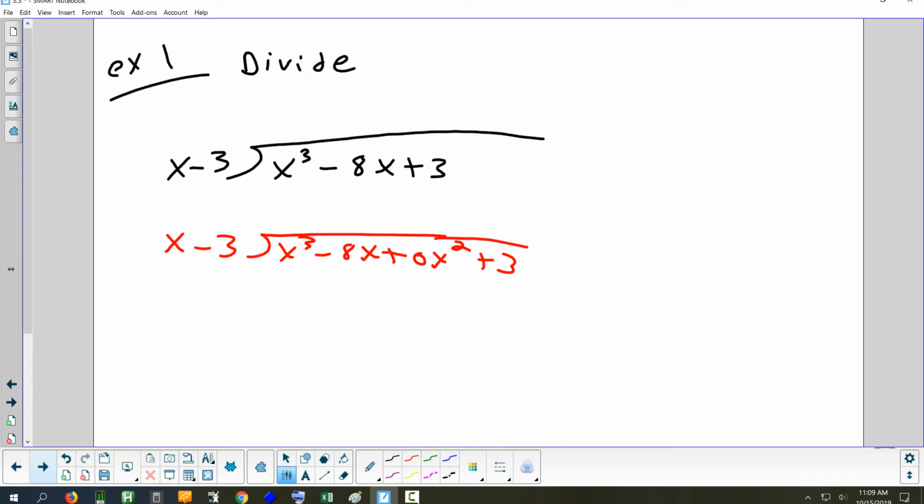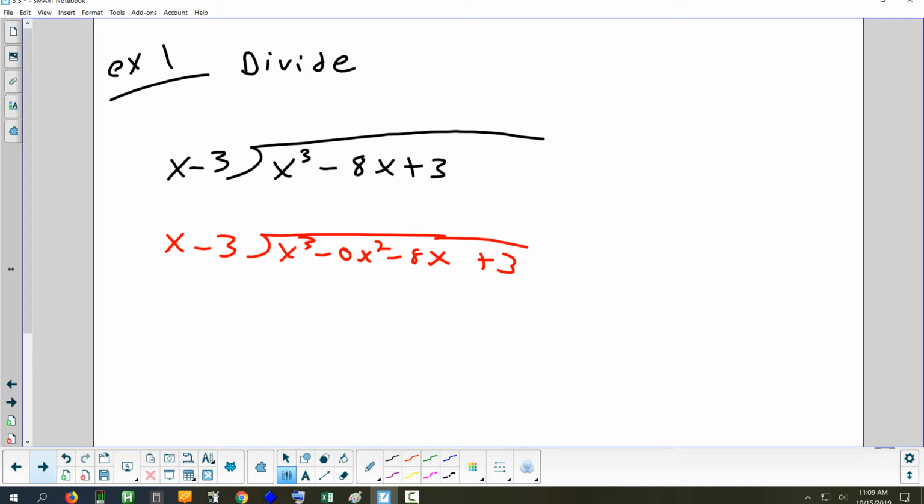Okay? Whoops, I'm sorry. Put it in the wrong order. So x cubed minus 0x squared minus 8x plus 3. It doesn't really matter if you put minus 0x squared or plus 0x squared. What's the difference between plus 0 and minus 0? It's just 0. Okay, put it any way you want. That's how I did it.